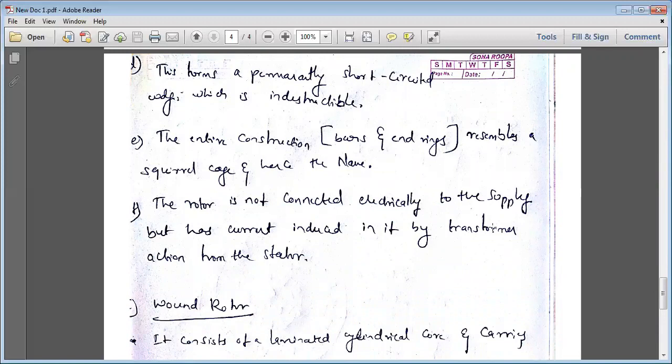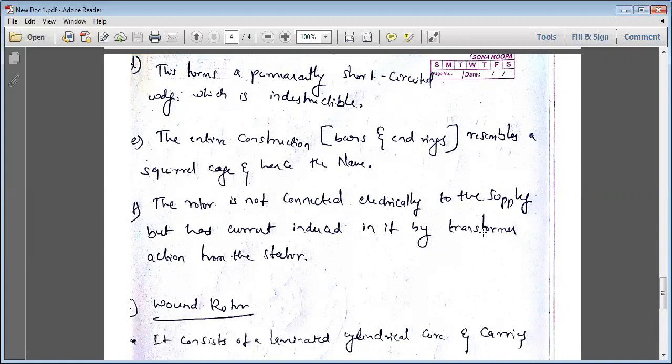It is the mutual induction which induces the voltage from the stator to the rotor. In the transformer we have seen the primary and secondary windings. The primary winding is not physically connected to the secondary winding, but because of mutual induction, the primary induced voltage links with the secondary winding.